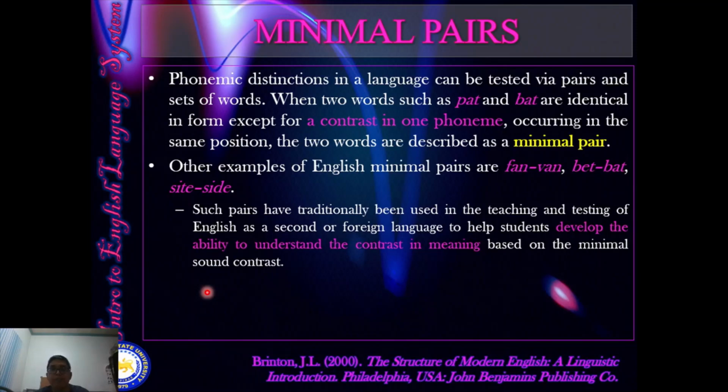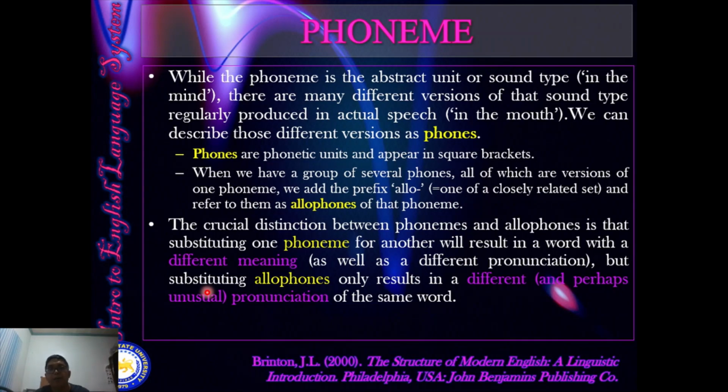Before we go now to minimal pairs, there was a question raised to me before on how about if we try to use the schwa sound, right? And the schwa sound is a subject for allophone of the different vowel sounds that we have, right?